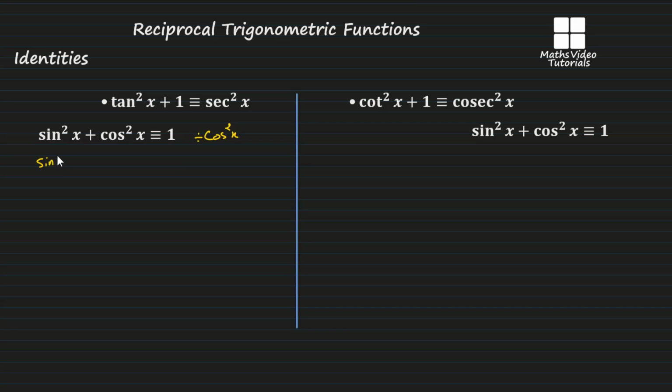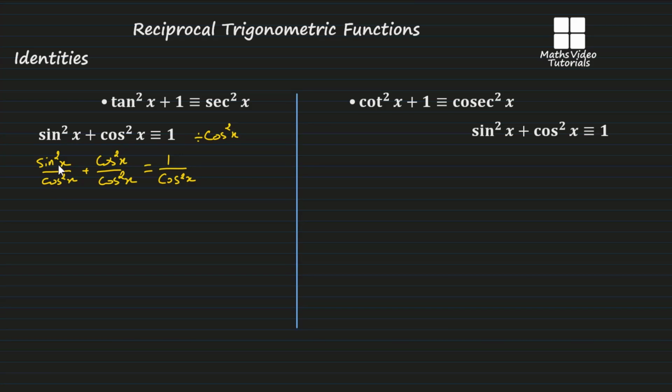Let's write it down fully. Plus cos squared, this one here, divided by cos squared. And that is 1 over cos squared. We know that sine over cos is the tan function.